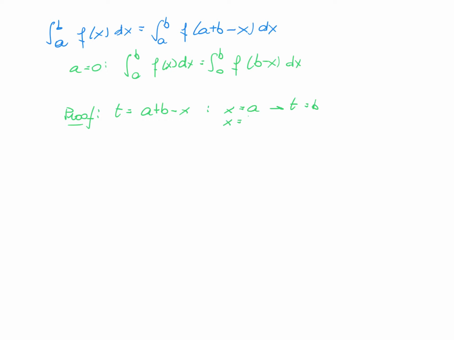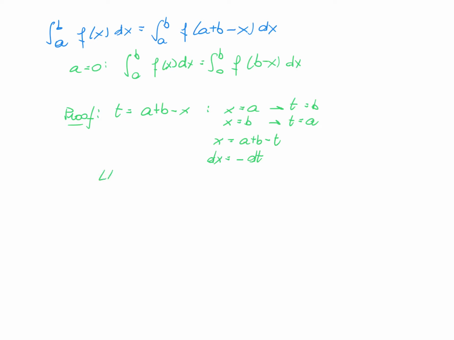If x is equal to b, then t is equal to a. We also know that x is equal to a plus b minus t, and so dx is d of a plus b minus t, so it's minus dt, because a and b are just constants.